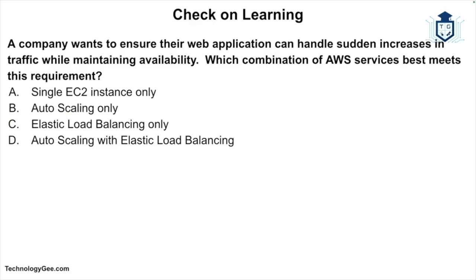And our final question is, a company wants to ensure their web applications can handle sudden increases in traffic while maintaining availability. Which combination of AWS services best meets this requirement? Is it single EC2 instance only, auto scaling only, elastic load balancing only, or auto scaling with elastic load balancing?